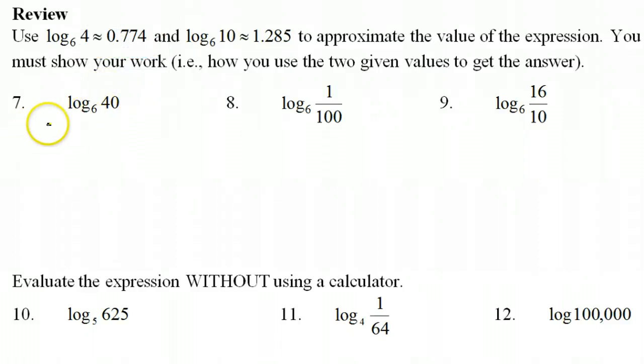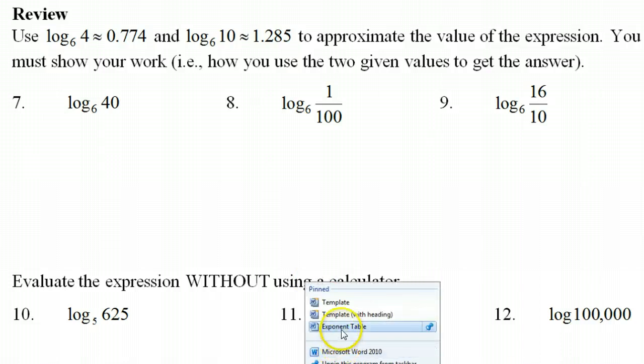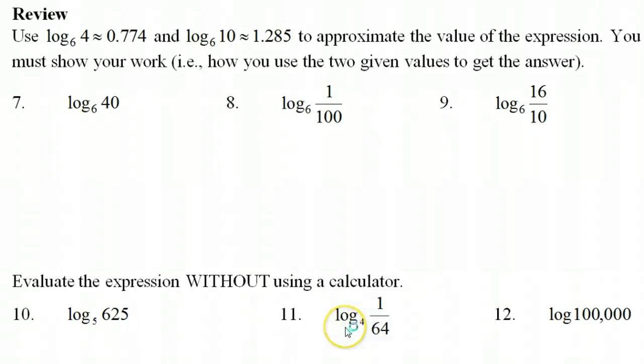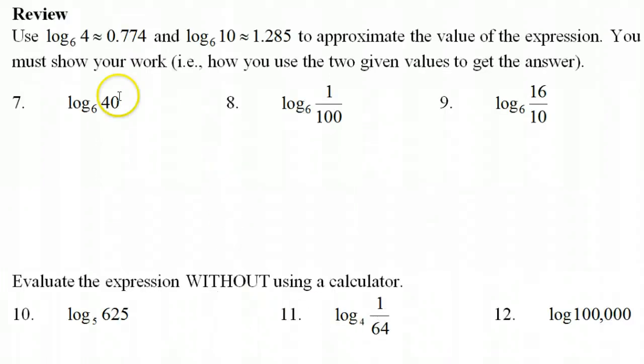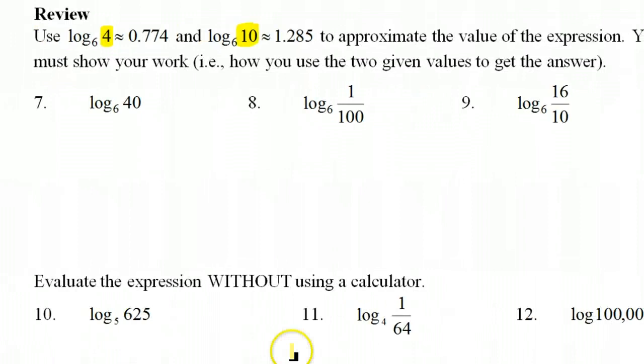Alright, let's get our chart ready in case we need it. It came up slower than I thought it would. Great. We need to put everything in terms of 4 and 10. Is that all they give us? Yeah, okay, well that makes it easy.